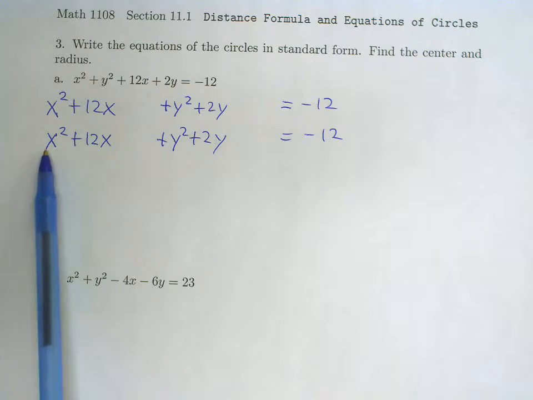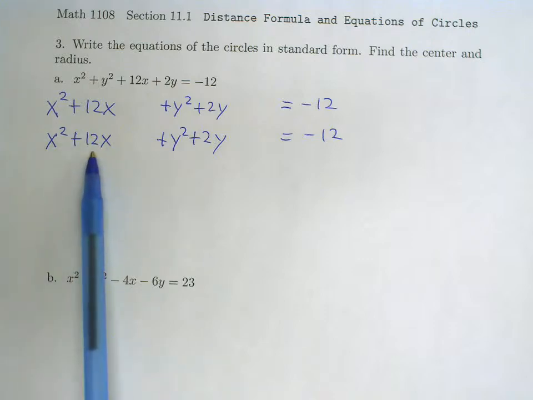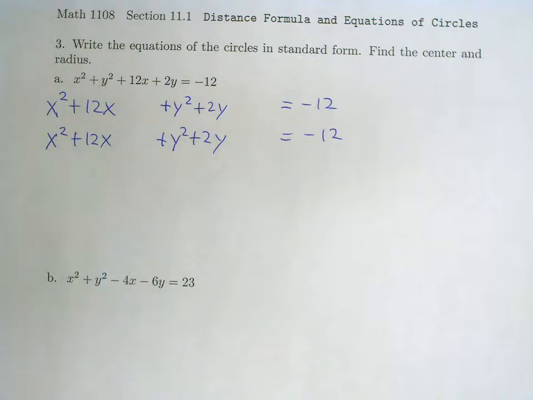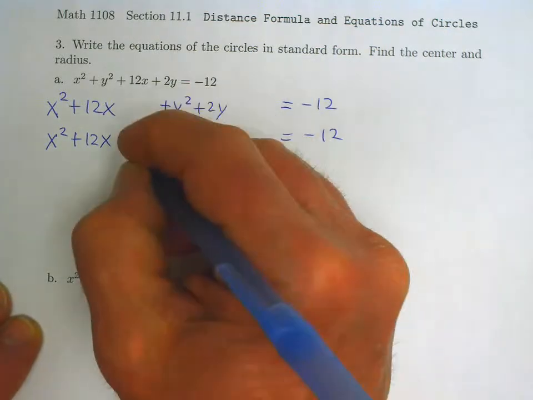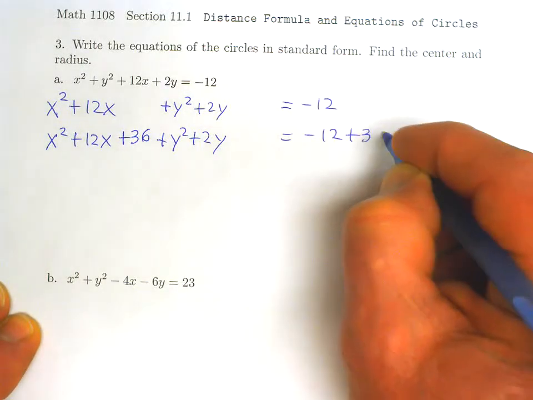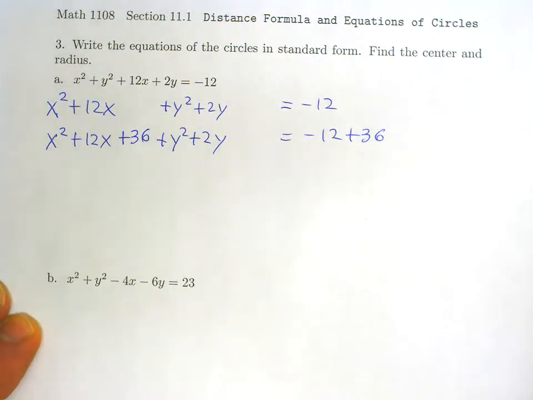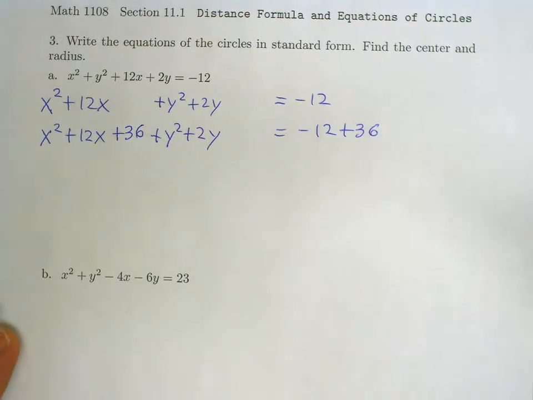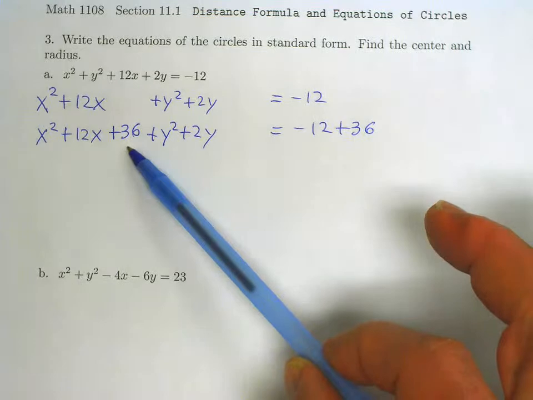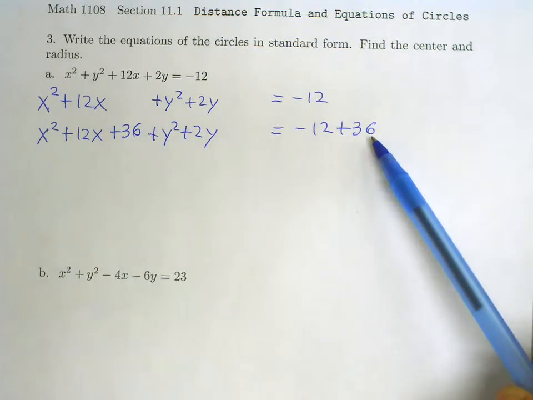So the coefficient of x squared is 1. Then to complete the square, we take 1/2 of 12 and square it. 1/2 of 12 is 6. 6 squared is 36. So we're going to add 36 to both sides of the equation. The regular rules of algebra apply. Whatever you add to one side of the equation, you must add to the other side.